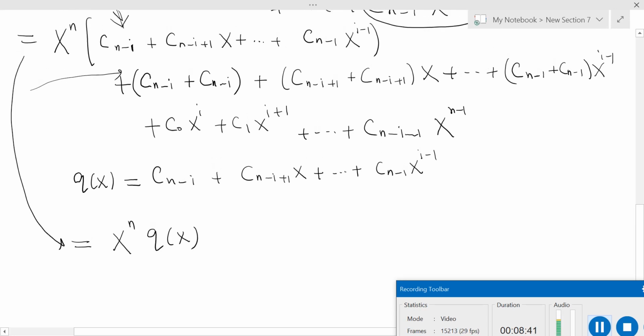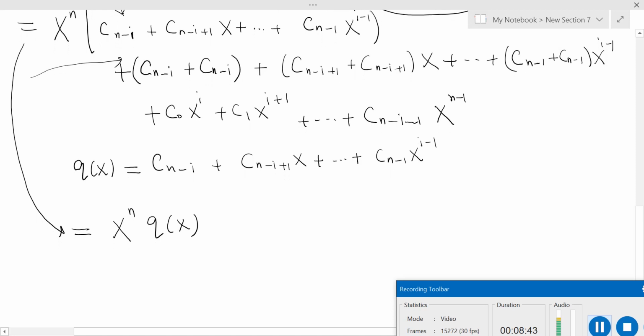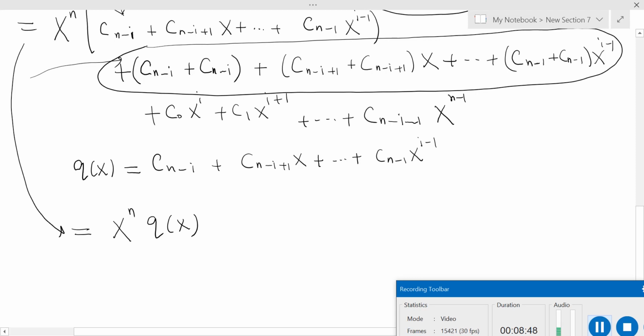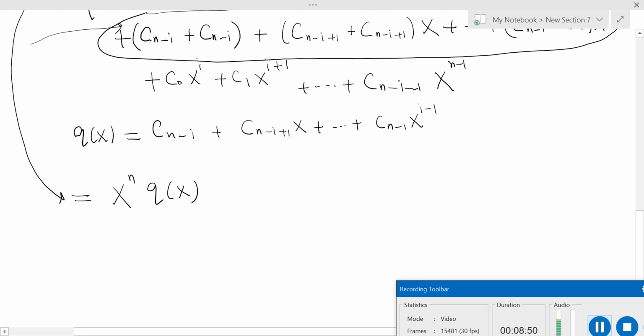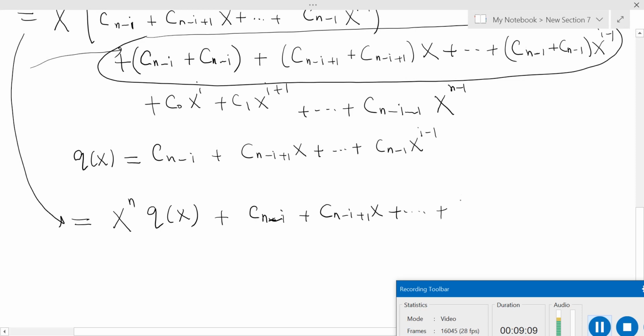Now I will write the second term, this term. I will write it in this way. First of all, I will write the first term of each bracket, that is, C of n minus I plus C of n minus I plus 1 x plus C of n minus 1 x to the power I minus 1, right?